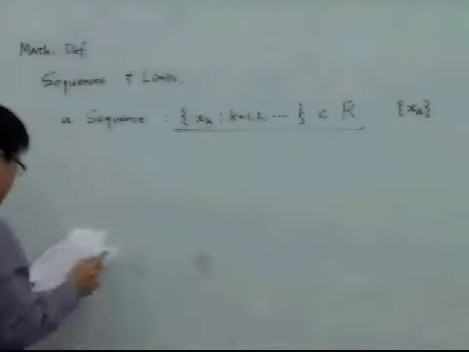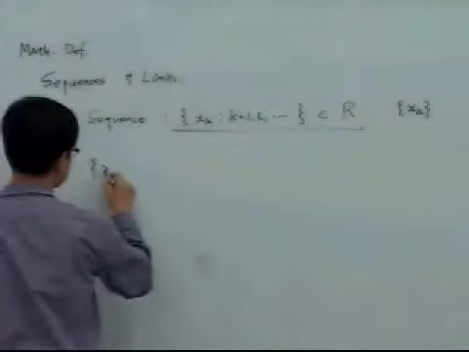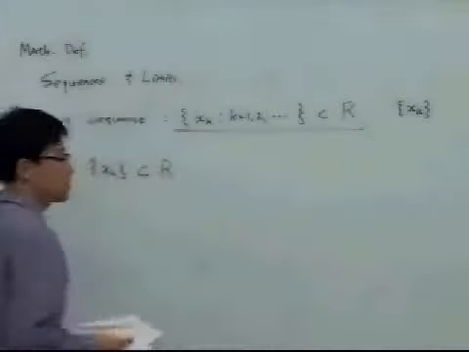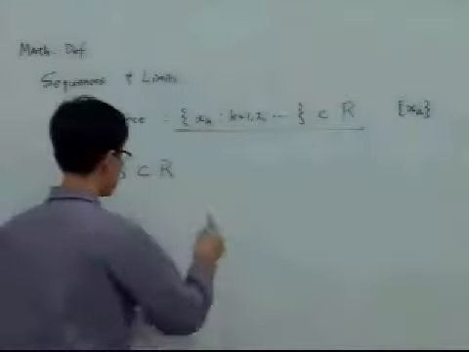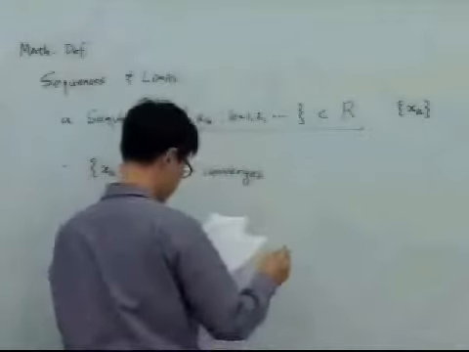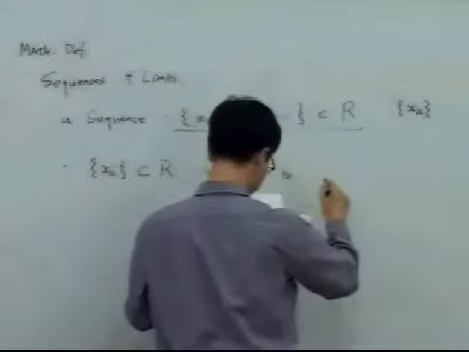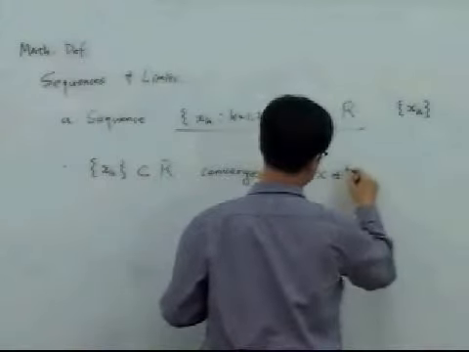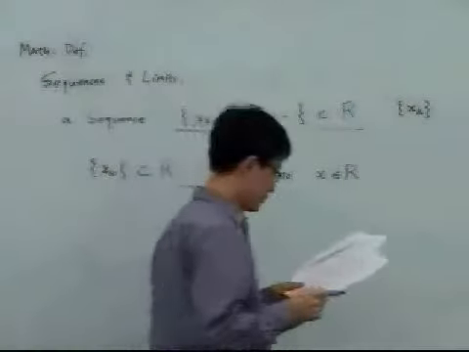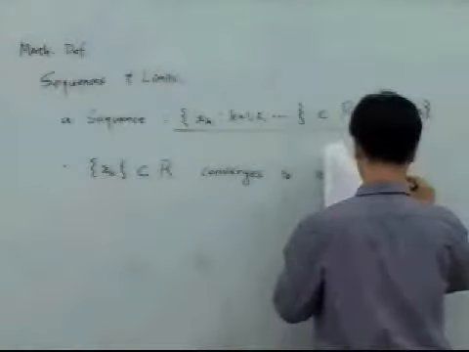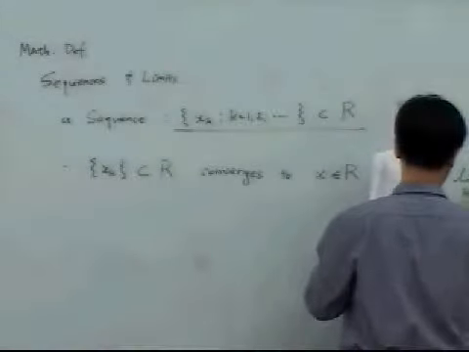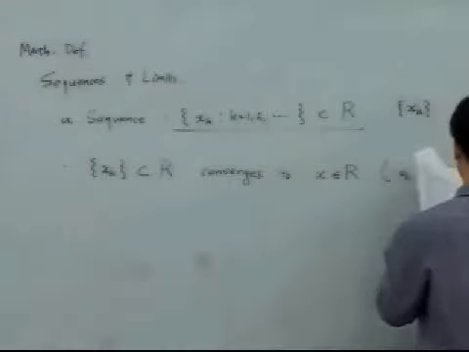Okay, another definition: a sequence x_k, which belongs to the real numbers R, converges to x. It's just another notation.